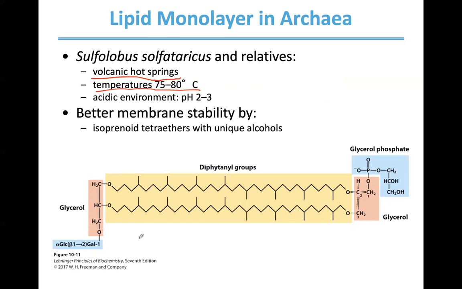They're stronger at high temperatures? Yeah, good job. What do you mean by stronger? Like they're not hydrolyzed as easily? Yeah, they don't hydrolyze easily, and so ethers obviously have stronger chemical bonds, right?